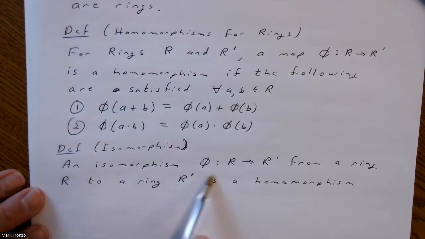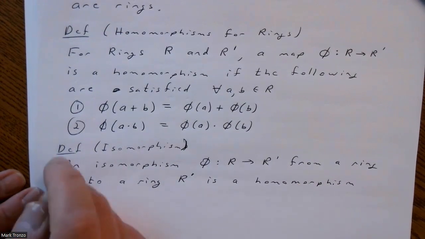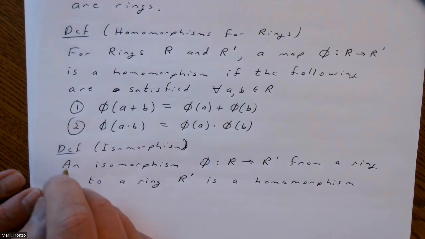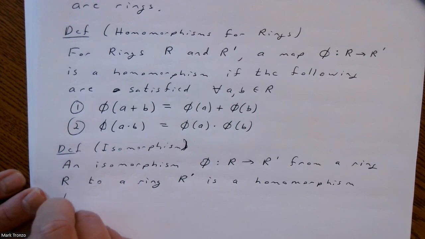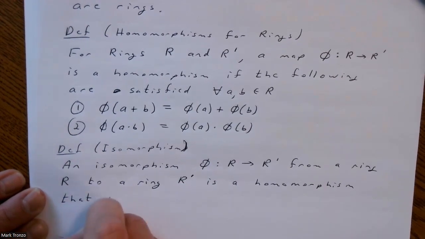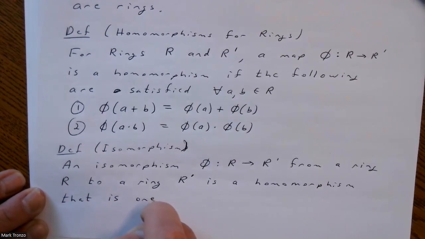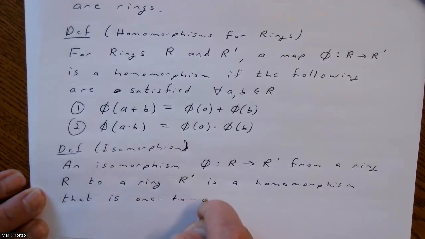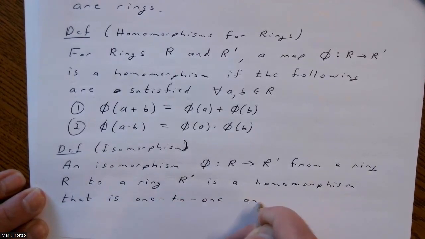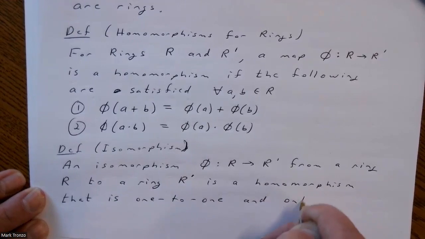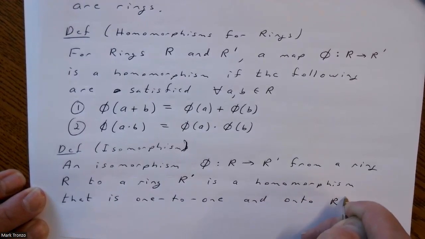So an isomorphism from a ring R to a ring R prime is a homomorphism that is one-to-one and onto R prime.